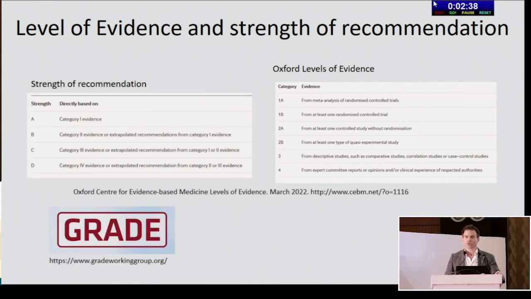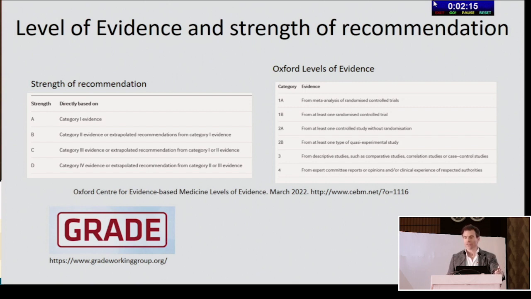We are using the Oxford level of evidence in EULAR, so for every recommendation in EULAR, you will find a category of evidence and the strength of recommendation derived from it, and you will find a level of agreement of the committee members with each statement that gives you a sense of how concordant the view is or how much debate there was.